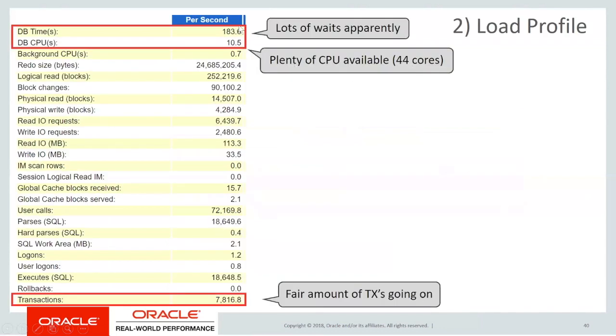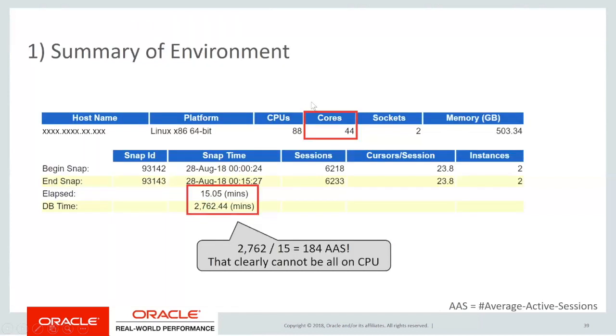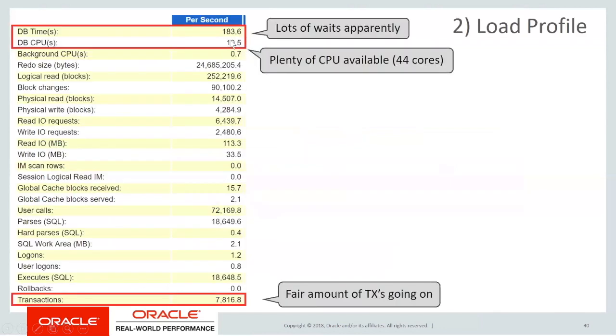The load profile confirms the 184. And it even confirms in more detail that we're actually only spending 10 seconds per second on CPU. So of the 44 cores, only 10 are busy doing CPU. But we have 183 sessions actively either waiting for I/O or waiting for some other wait event.